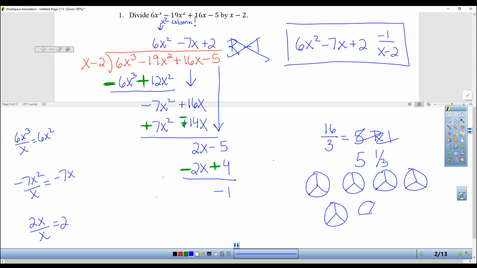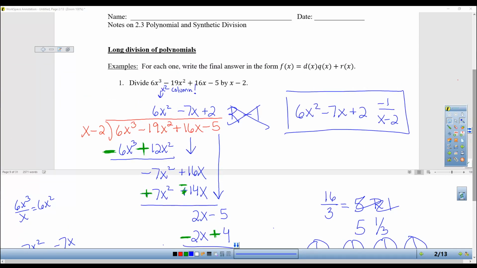Okay? Now, it did have some odd directions in this section. It said for each one, write the answer in this form. First of all, I just need you to know I love the way I did it in a box because that makes the most sense to me. But your pre-calc book has this strange way they want you to do it.